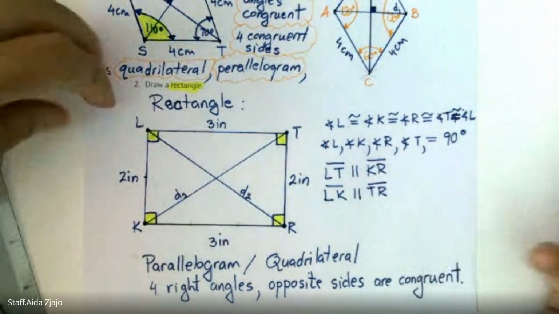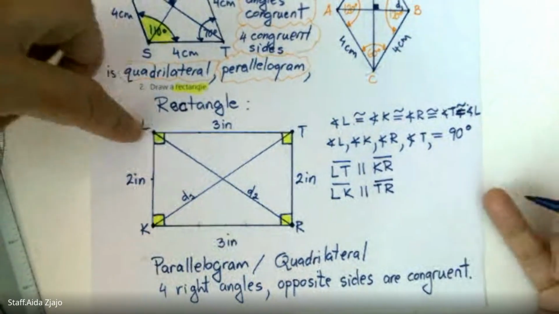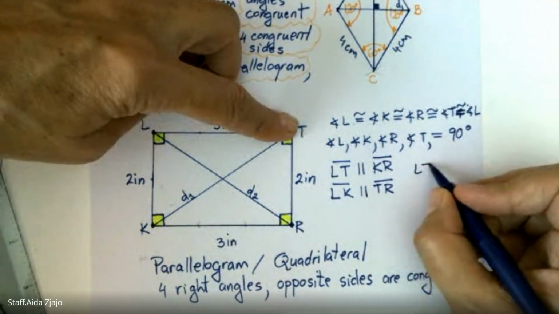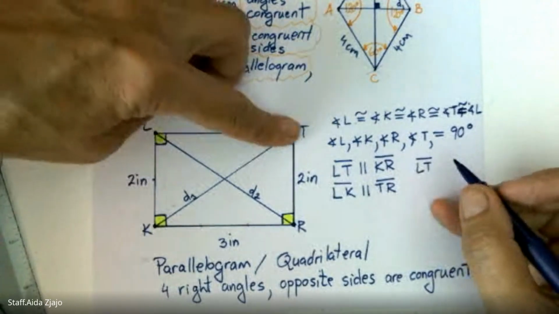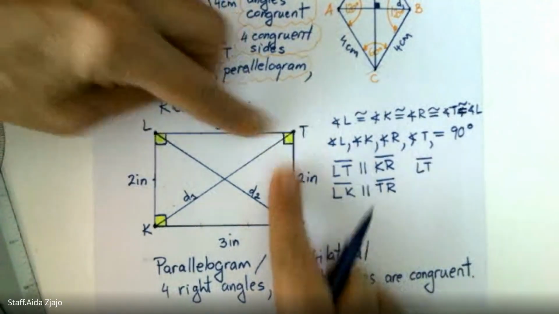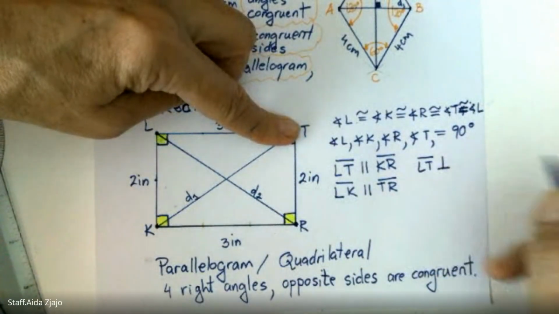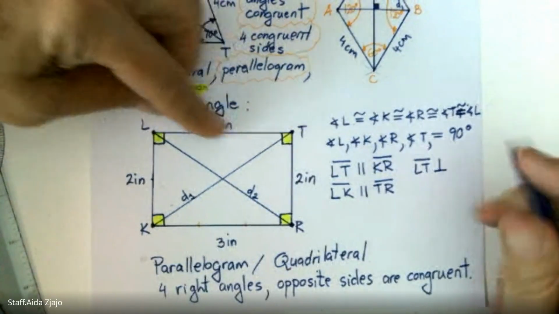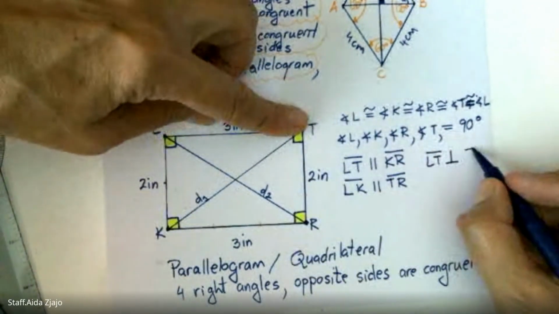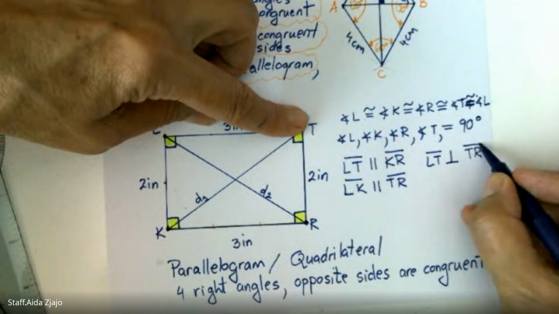We also can say that LT line segment is perpendicular, perpendicular is the upside down T, to TR.